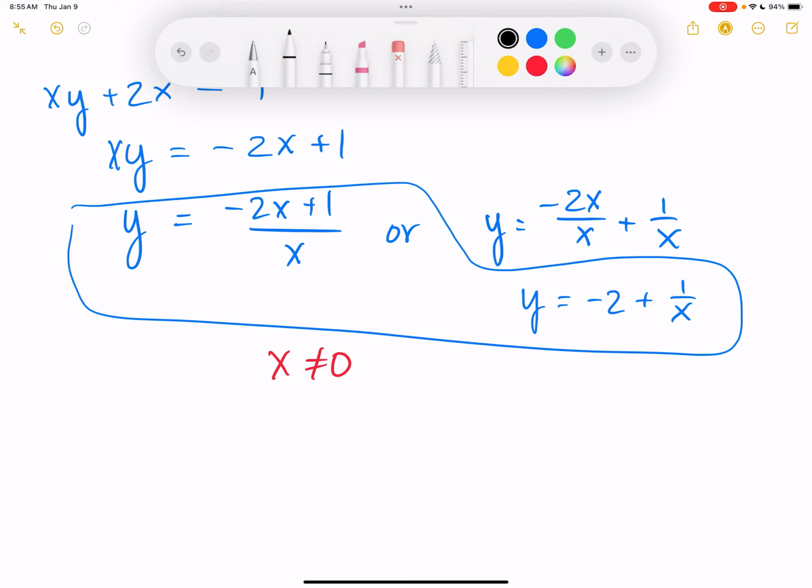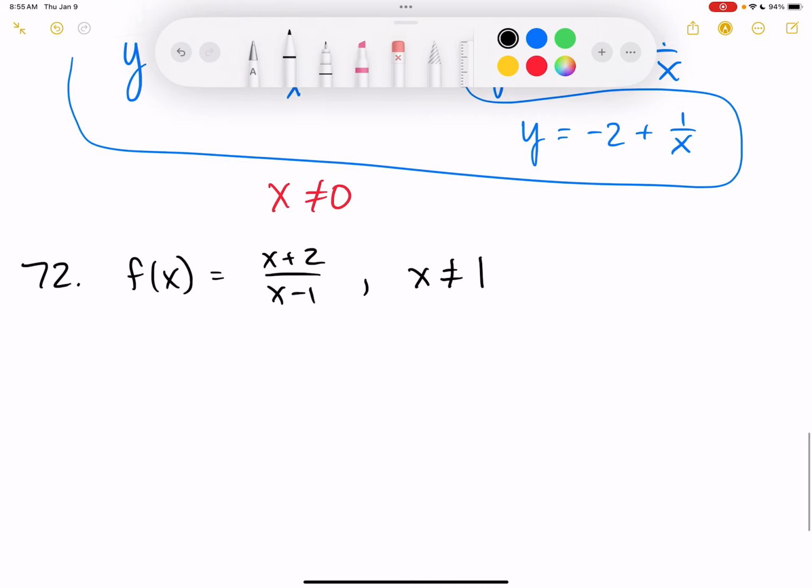So, let's see. 72. This is going to be one where we have a fraction where there's an x on top and bottom. So f of x equals x plus 2 over x minus 1, x is not equal to 1. So when we swap x and y, every single place there's an x has to have a y.